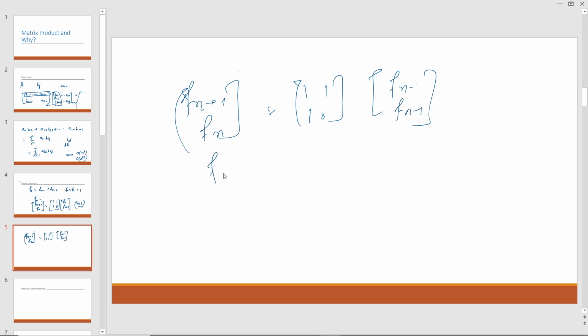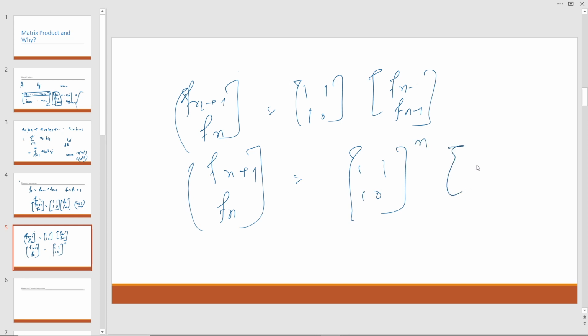We can recurse this, and it should then reduce to f_{n+1}, f_n equal to [[1, 1], [1, 0]] to the power something times [1, 1], that is for n equal to 0 and n equal to 2.